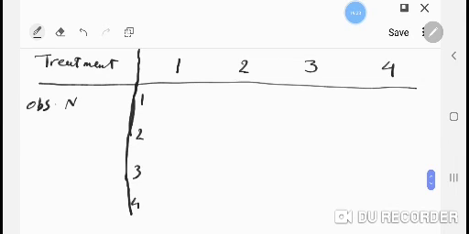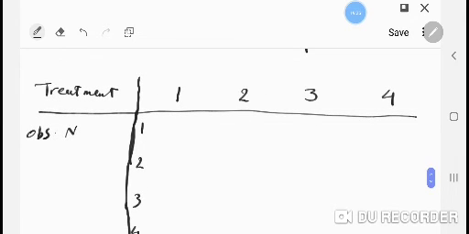For observations of any treatment listed in this table, for treatment 1, the first observation is 96, then the 2nd, 3rd and 4th. These data are the strength of the product.